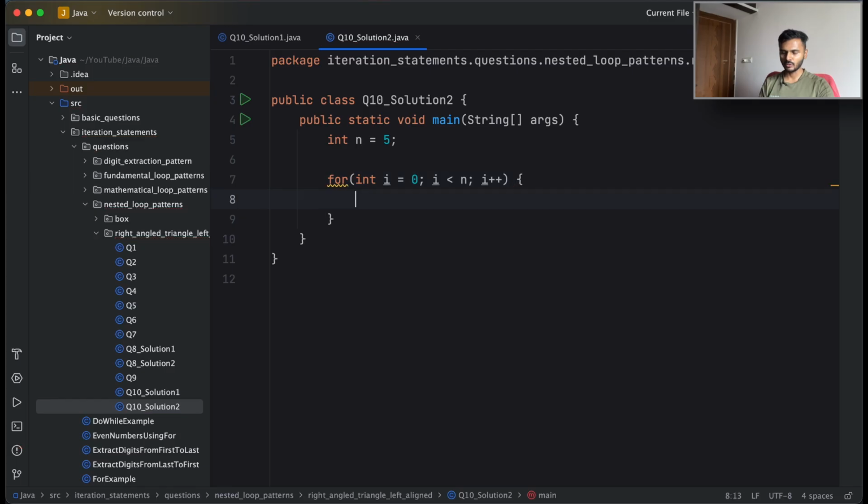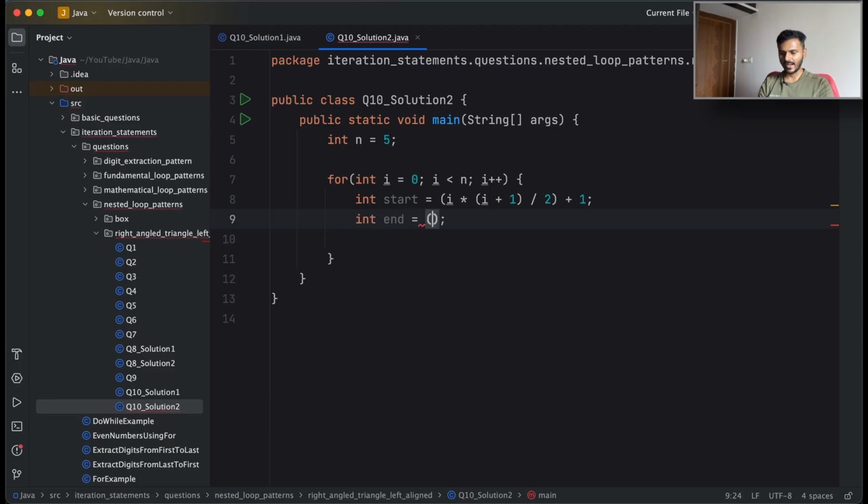Now what we're supposed to do here is find the start and the end value for each value of i, right? So we will create two variables, int start and int end. Now the formula for start was i multiplied with (i plus 1) divided by 2, plus 1, right?